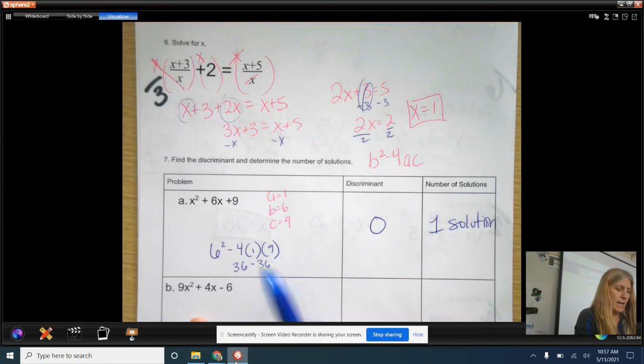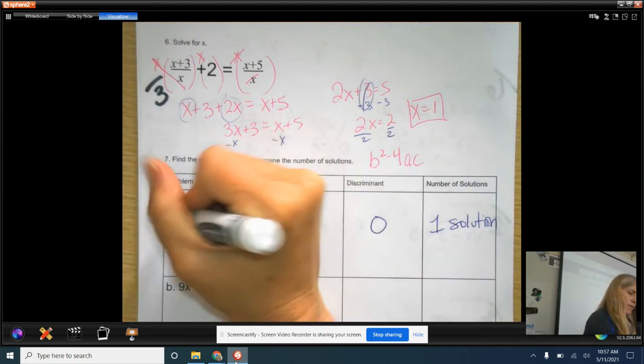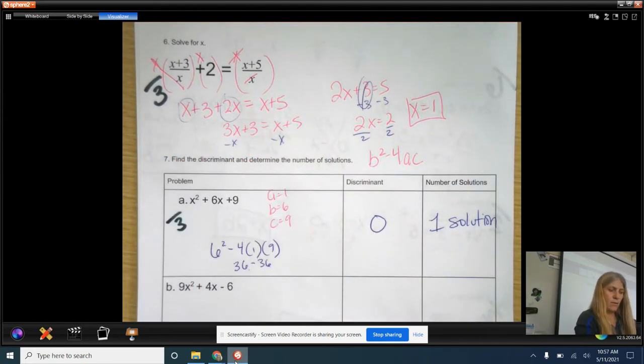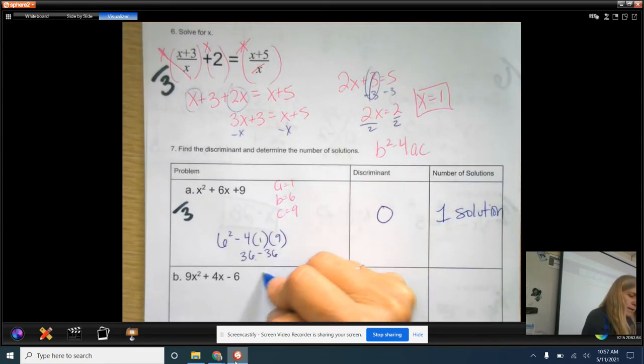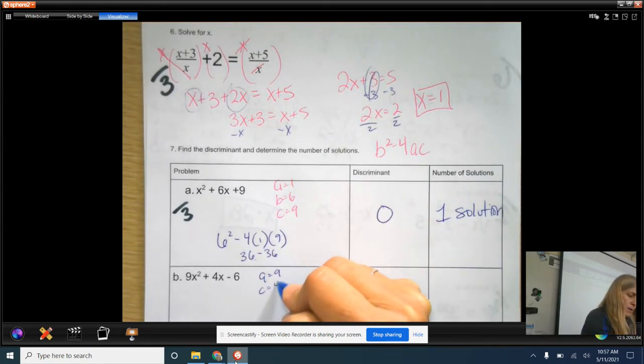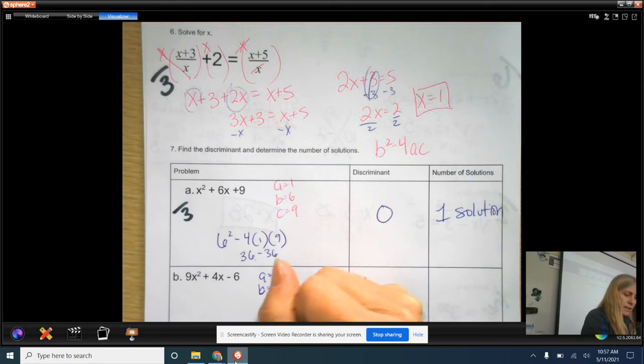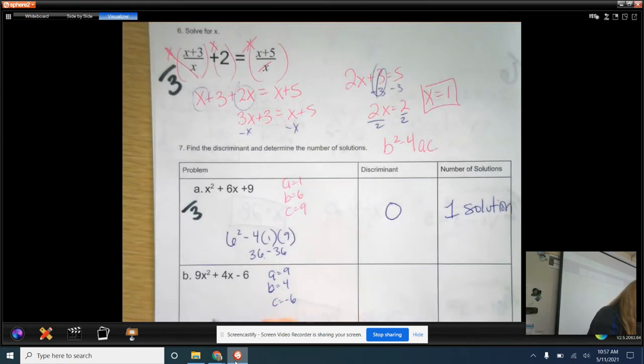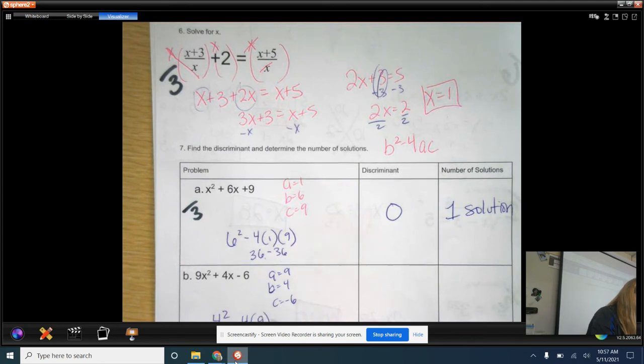So for problem A here, we have 1 for the work for the discriminant, 1 for the discriminant number itself, and a third for the solution. So problem A here is out of 3. Okay, our next one here, our A is 9, our B is 4, and our C is negative 6. So b squared is 4 squared minus 4 times 9 times c, which is negative 6. 4 squared is 16.